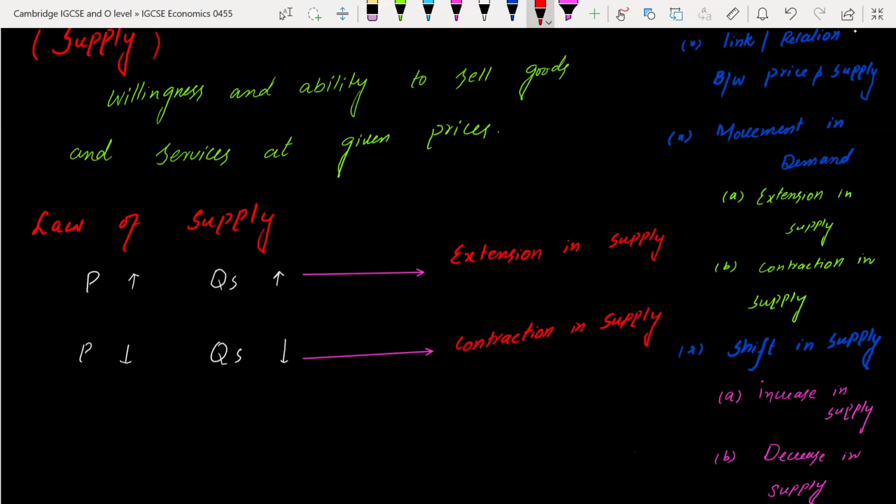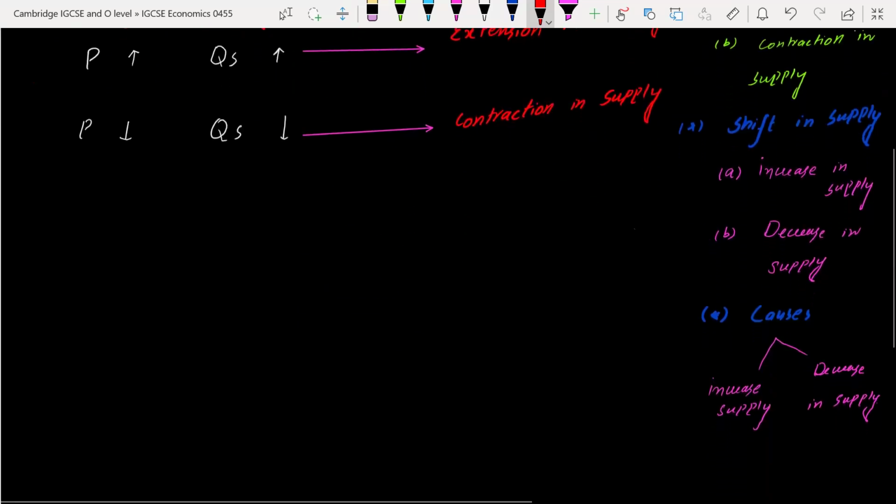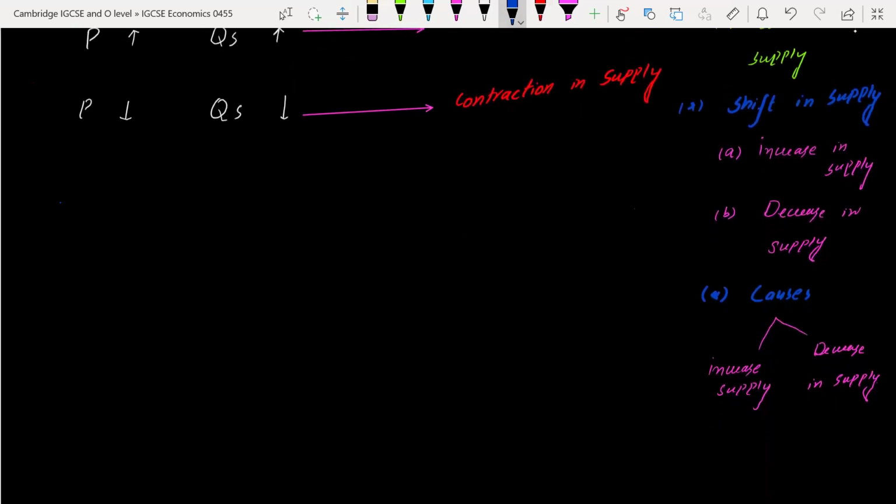So let's talk in detail. Let me write down the definitions and make the table: extension in supply, and in parallel, contraction in supply.